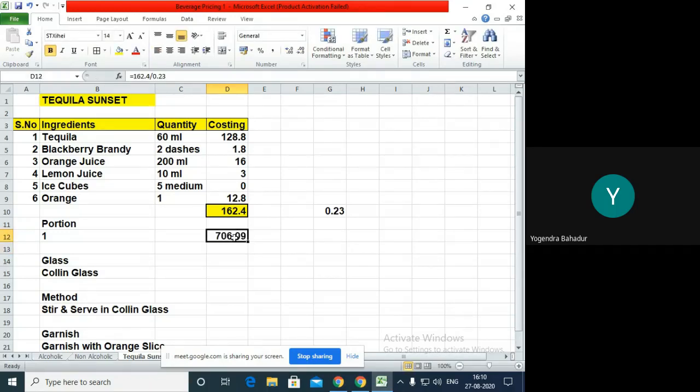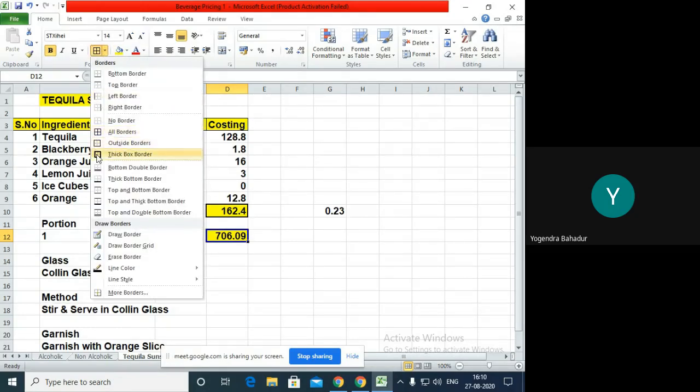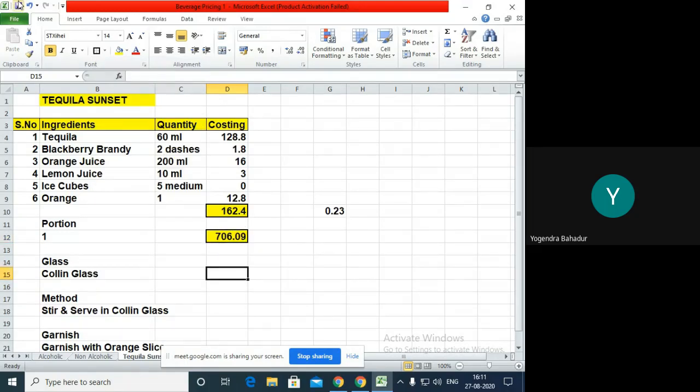So it is coming somewhere around 706. Again, making this point very clear, this 706 is the menu price.